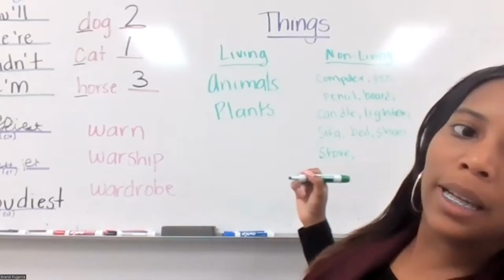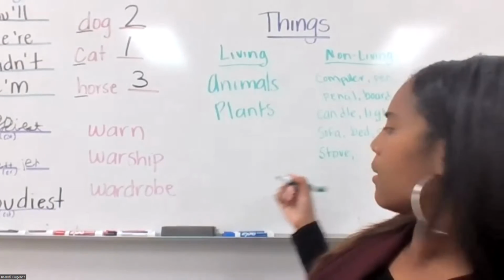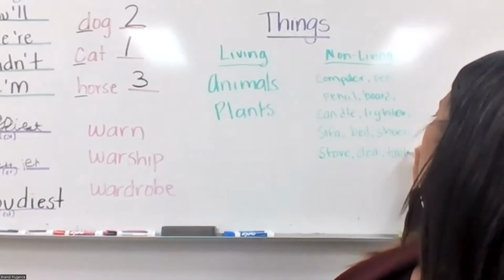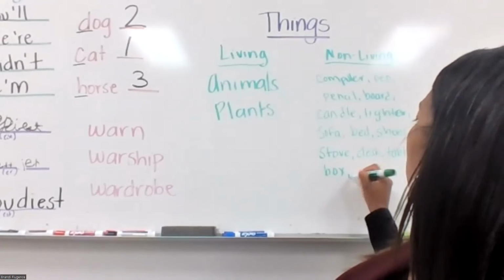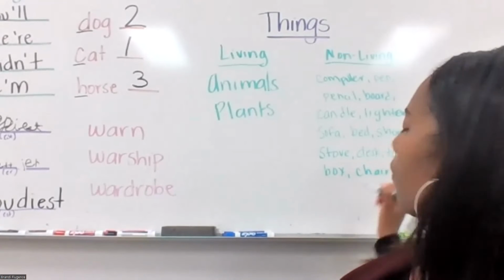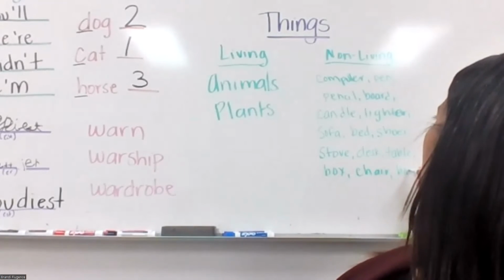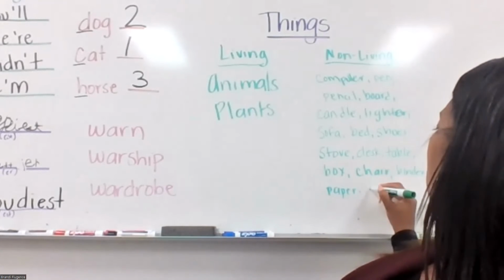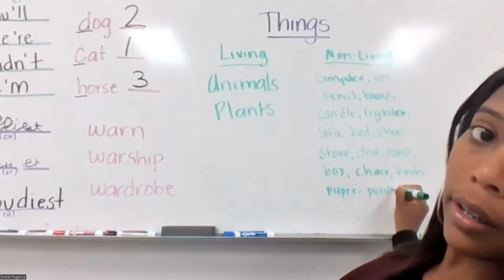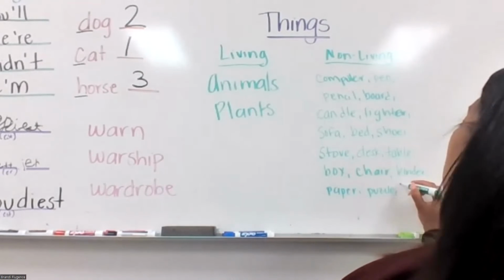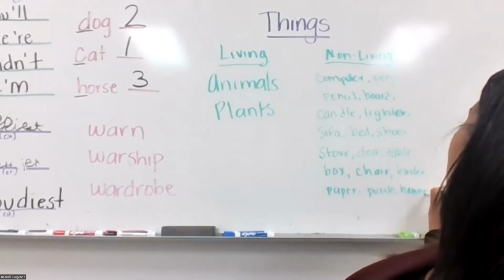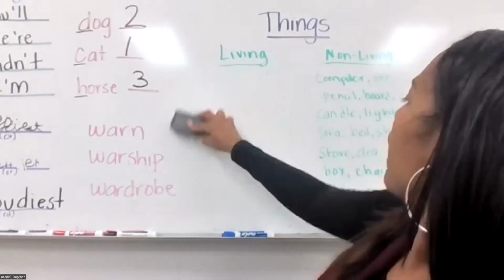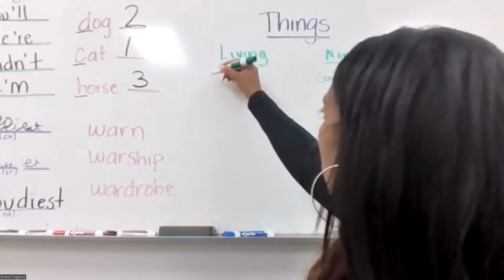Think about things at school. A desk, table, a box, a chair, binder, paper, backpack, hammer, puzzle, a ruler. All of these are examples of non-living things, and there's a bunch of other things.